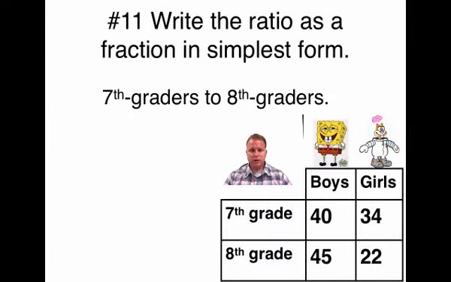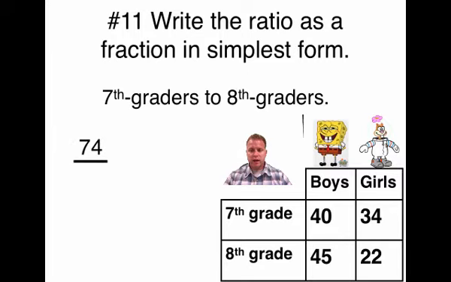Would you write 7th graders to 8th graders? Okay, so we have to find all the 7th graders, so that means we need to take the boys and the girls. So how would we combine those two together? Hopefully you added, and we'd get 74.